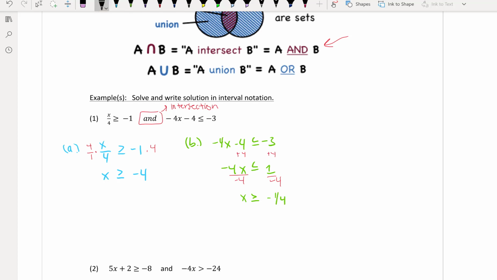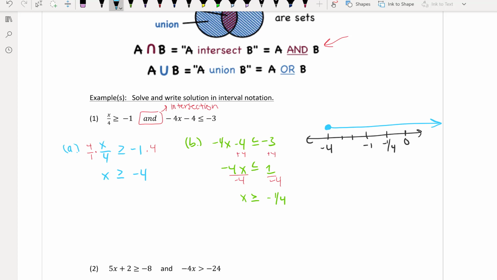So if I were to graph this on the number line, let's say 0 is over here, negative 1/4 is here, negative 1 is here, and negative 4 is here. For x greater than or equal to negative 4, at negative 4 it's a filled in circle, and I'm going towards my bigger numbers, which is positive.